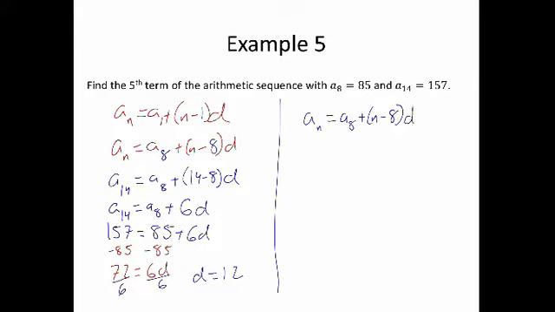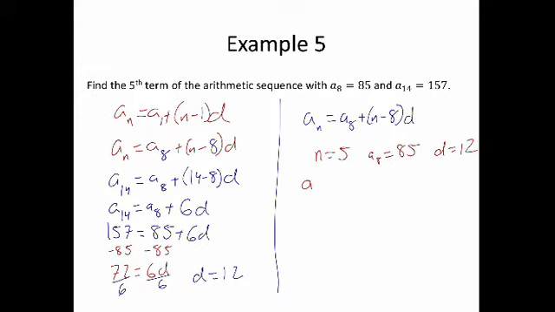And we'll plug in what we know now. We're asked to find the 5th term, so we plug in n equals 5. Our 8th term, a sub 8, is still 85. And now we know our common difference is 12.